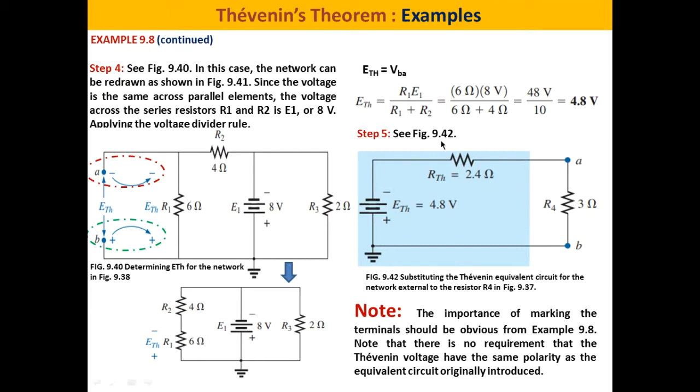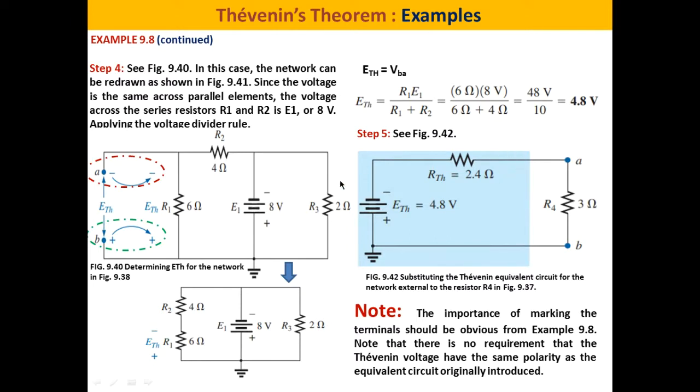Okay, so in step 5, we will replace the portion of the circuit highlighted in blue by its Thevenin equivalent circuit, and then connect R4 again. And now we are ready to analyze the power, the voltage, the current going into R4. Imagine R4 is a load where we are interested to calculate the current, the voltage, the power dissipated by R4. And we are interested to see the effect of changing R4 on the performance of the load.